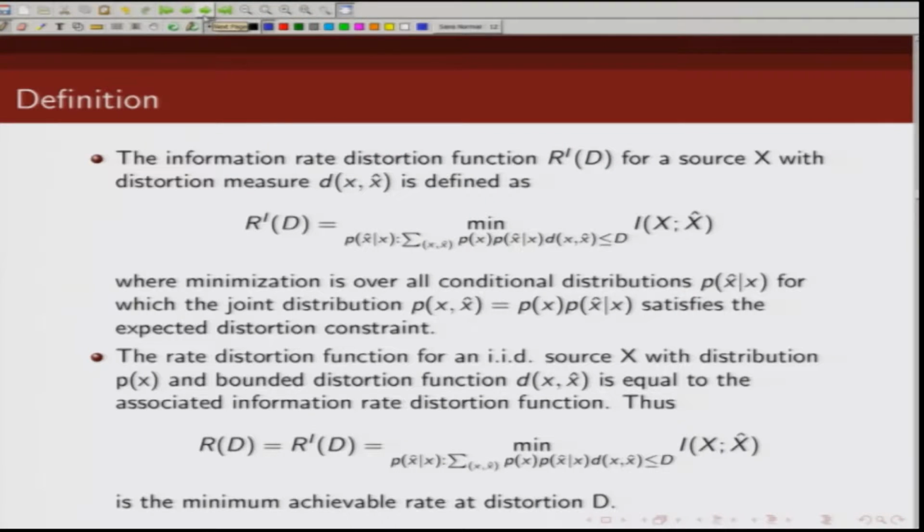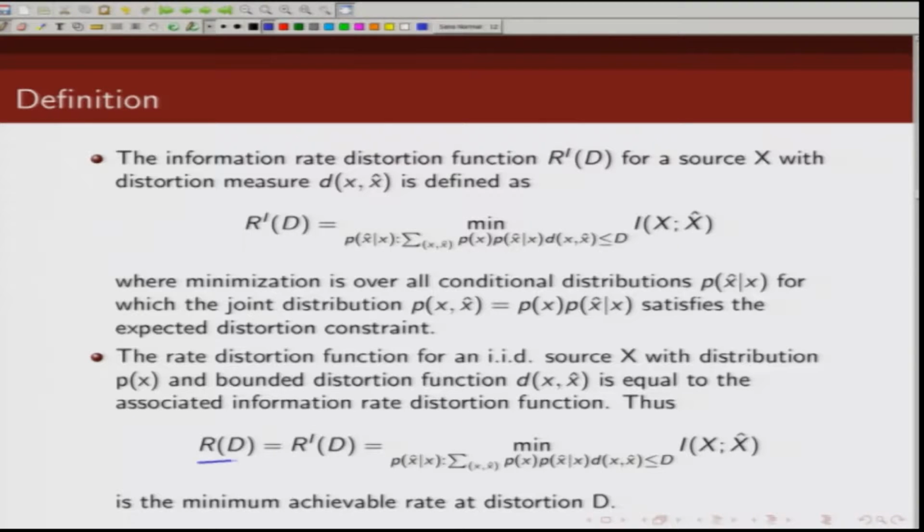Now this information rate distortion function is also our rate distortion function. So the rate distortion function for an IID source with distribution p of x and bounded distortion function d of x, x hat is equal to its associated information rate distortion function.